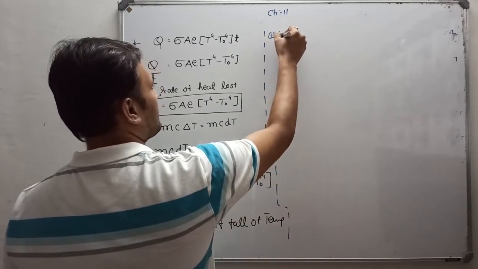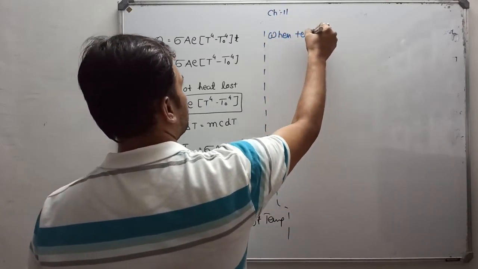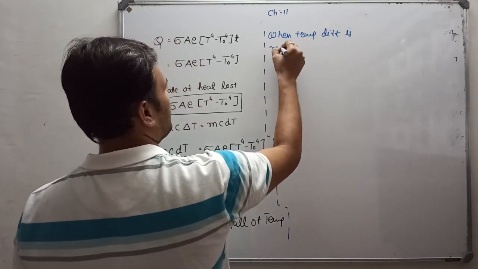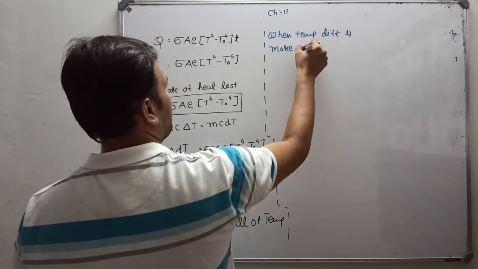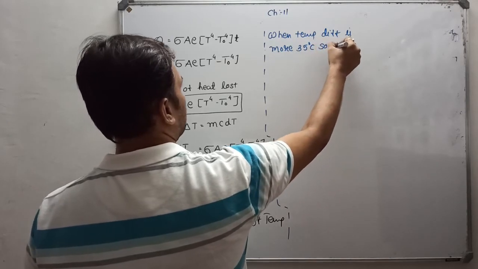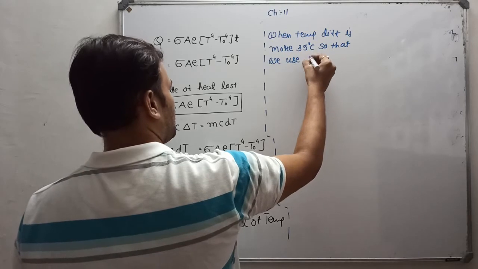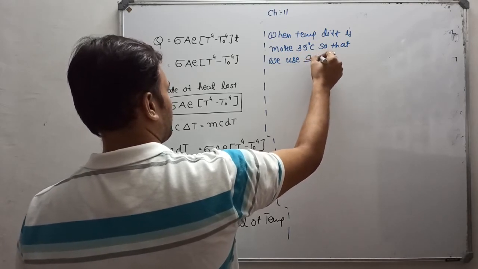When the temperature difference is more than 35 degrees Celsius, we use Stefan's law.